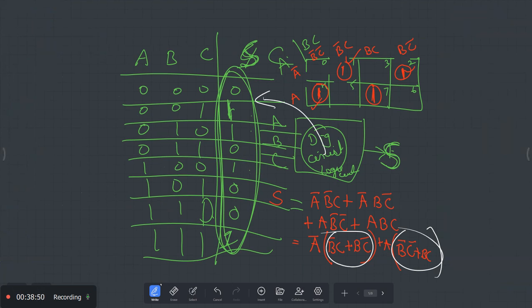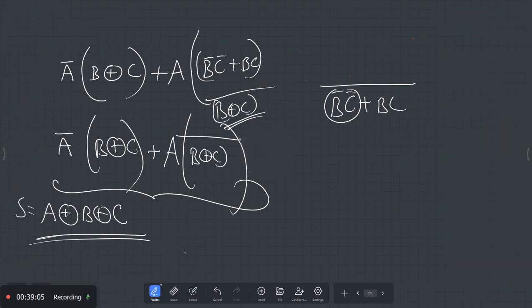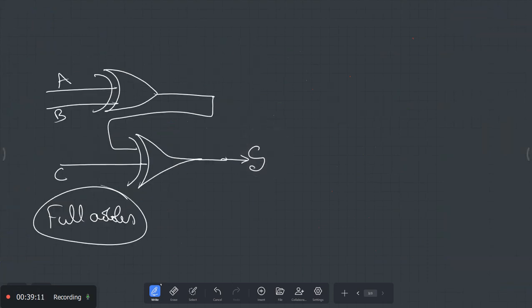So what did you do? You converted your truth table into a KMAP. From the KMAP you got the equation. You have simplified the equation. It is found to be A XOR B XOR C, and you have implemented it using an XOR gate.